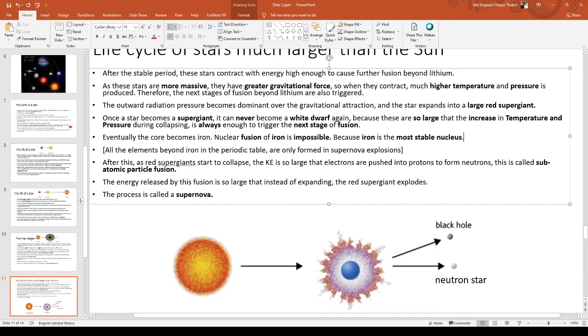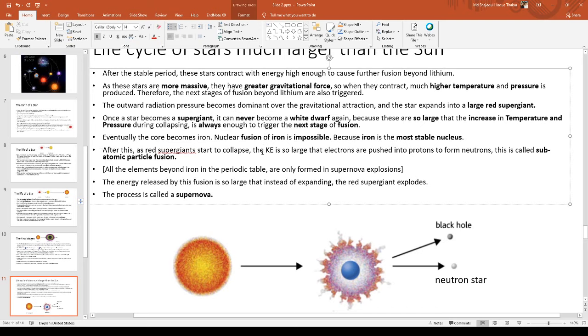So now the core is iron. Now the star will start to collapse again, right? Because once everything becomes iron, no more nuclear fusion. And no more nuclear fusion means no more radiation pressure. No more radiation pressure means the star will start to contract. The star will start to collapse, right? Yes, indeed. I will come to this point later.